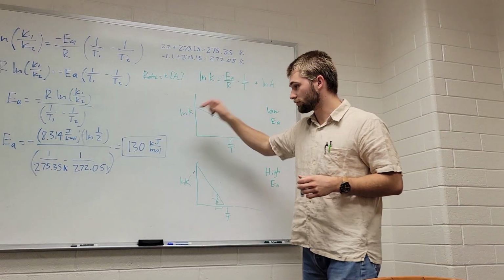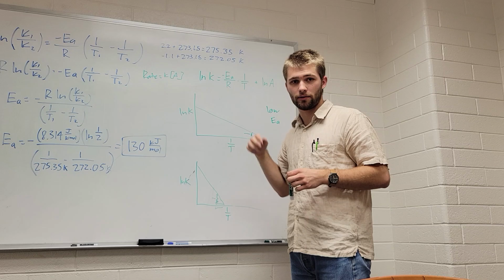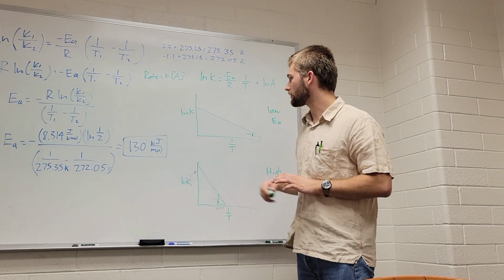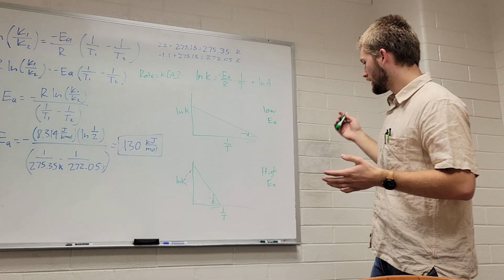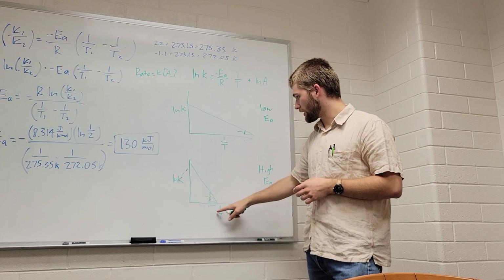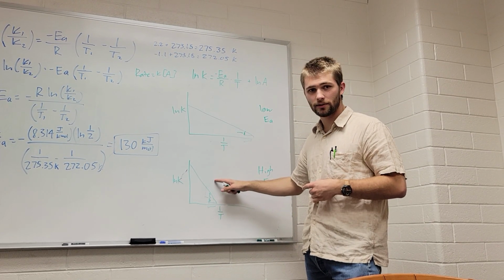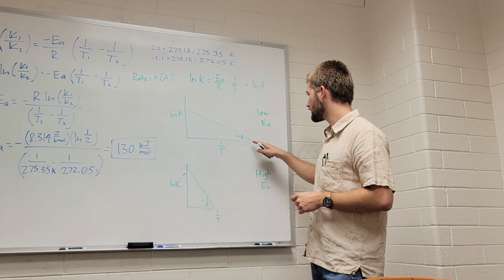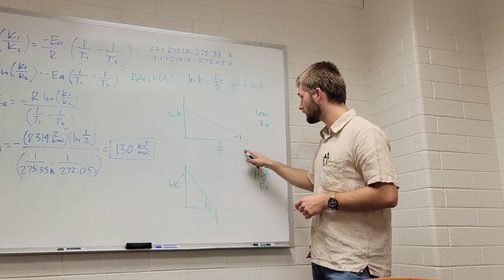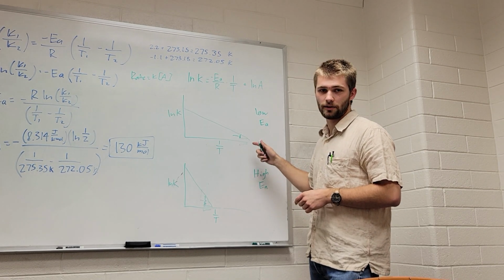And of course, natural log of K is proportionate to the rate as well. We already talked about that here. So just looking at the graph of the equation, if you change the temperature in a reaction with a high activation energy, that's going to change the rate a lot more dramatically than if you change the temperature by the same amount in a reaction with a low energy of activation.